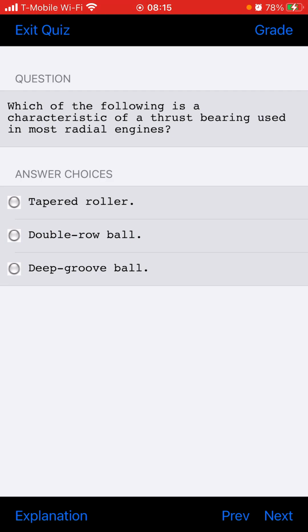So which of the following engine servicing operations generally requires engine pre-oiling prior to starting the engine? Engine installation.